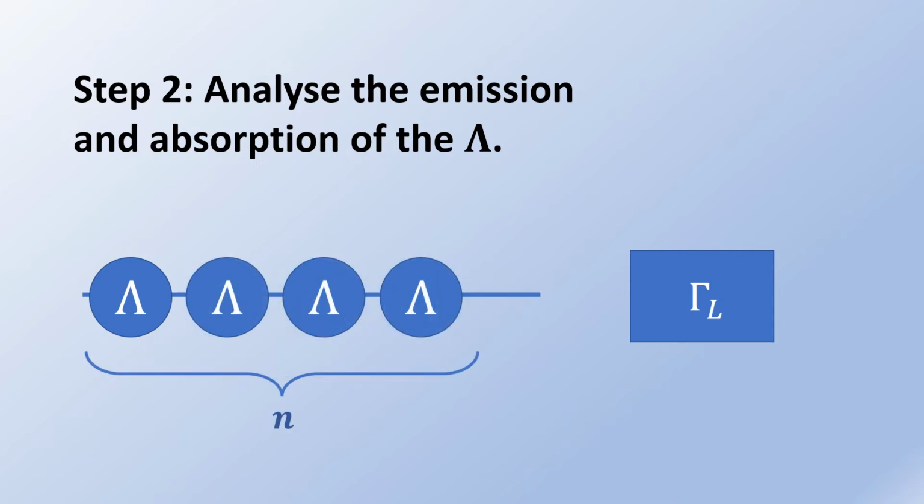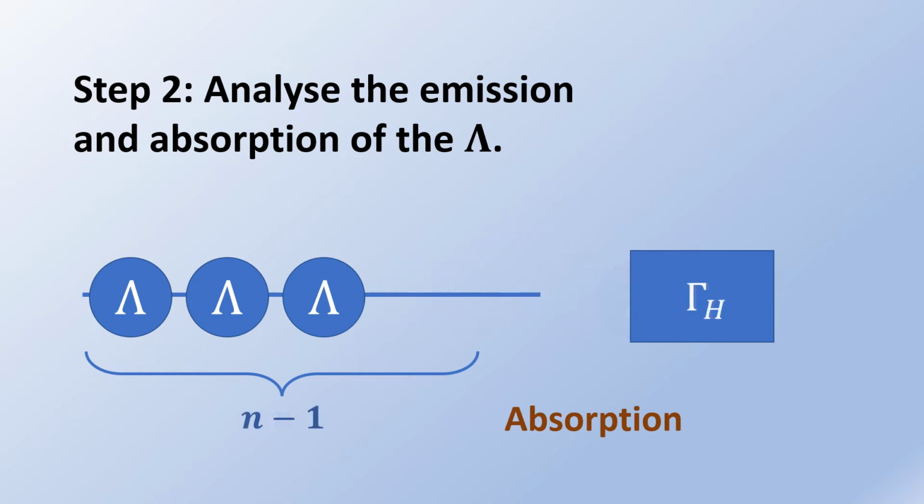Now, consider n lambda particles in our state with the gamma apparatus in the ground state. Upon absorption of a lambda particle, we have n minus 1 particles in the state and the apparatus gamma is in the excited state.